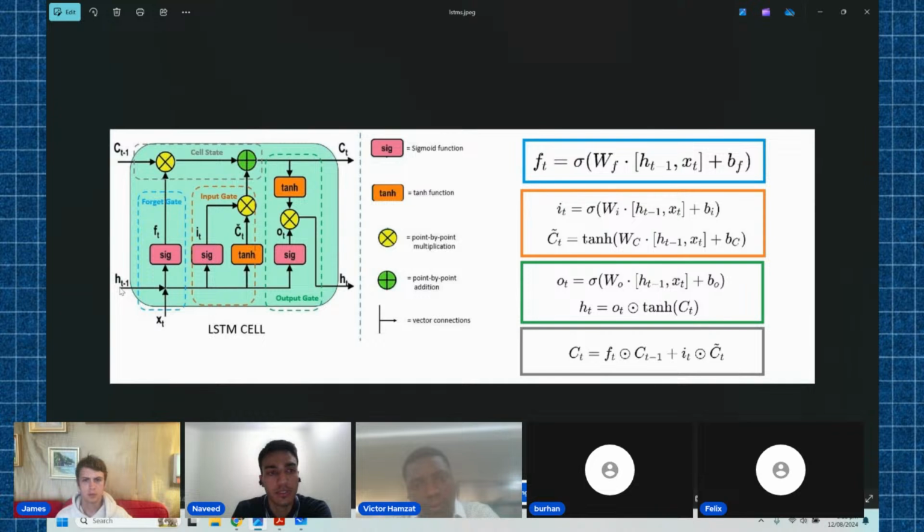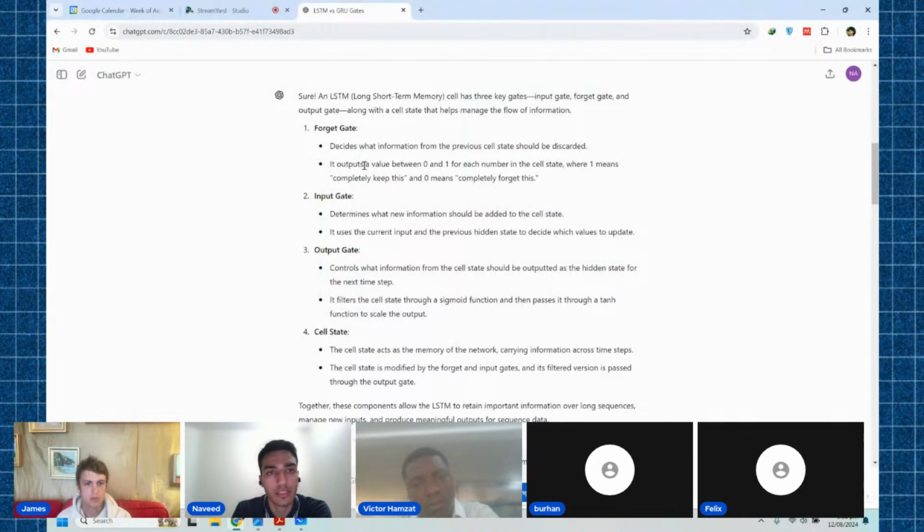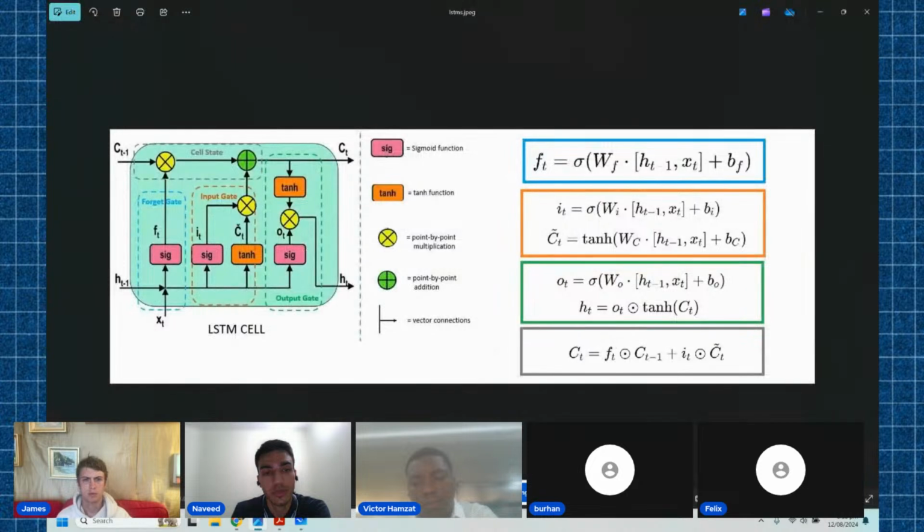So this is the previous state coming as HT minus 1, and then the next step of it is called HT. It outputs a value between 0 and 1 for each number in the cell state, where 1 means completely keep this and 0 means completely forget this. And it does it using the sigmoid activation function.